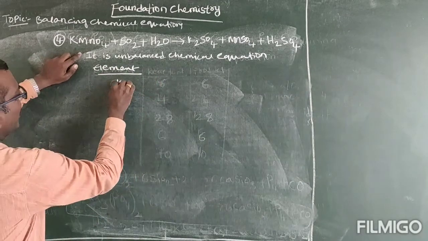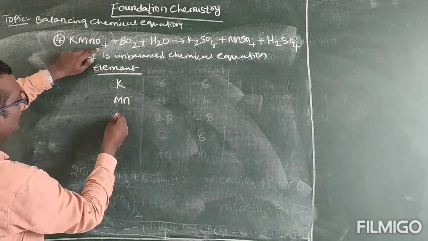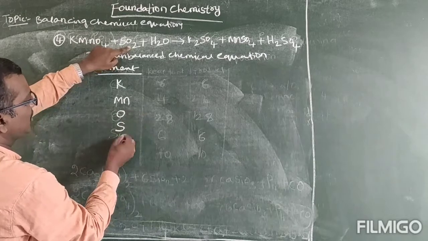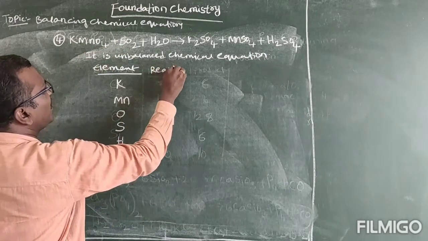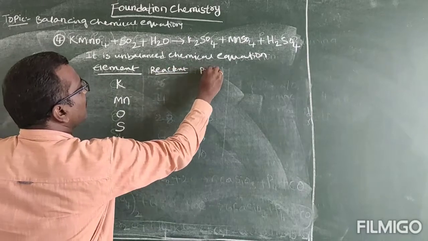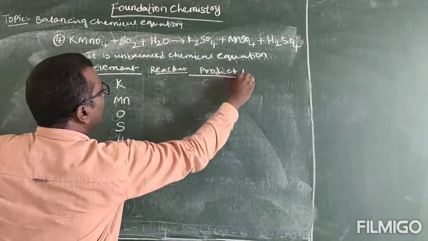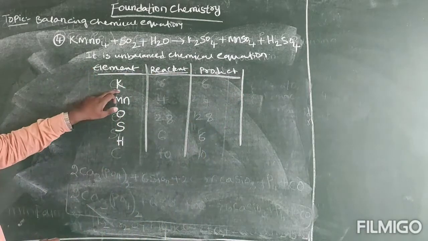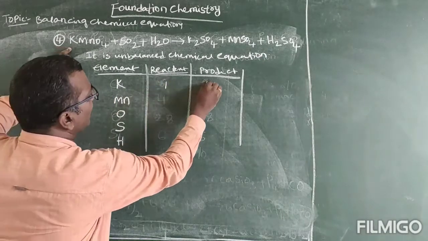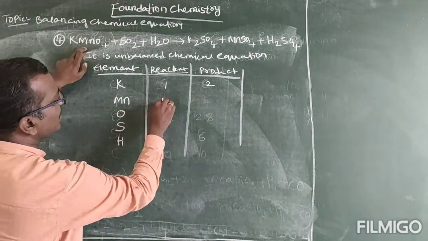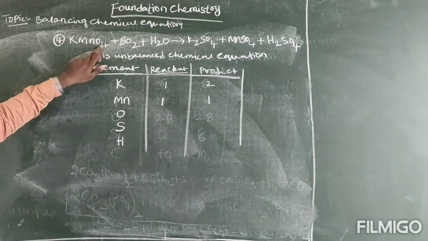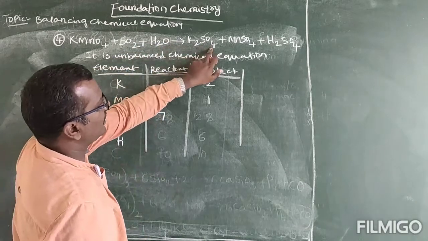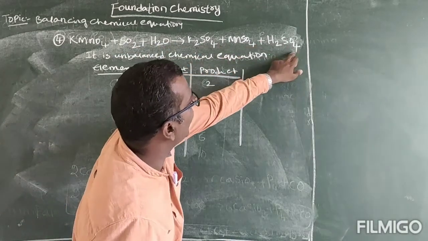Now next, I have to identify the elements first. What are the elements? Potassium, manganese, oxygen, sulfur, again oxygen not required, hydrogen. Now how many are on the reactant side and how many on the product side, I have to identify first. Potassium 1 and there 2, manganese here 1, here 1, oxygen 4 plus 2 is 6 plus 1, 7 on the reactant side; product side 4 plus 4 is 8, 8 plus 4, 12.